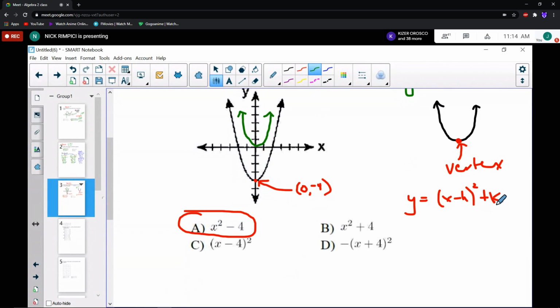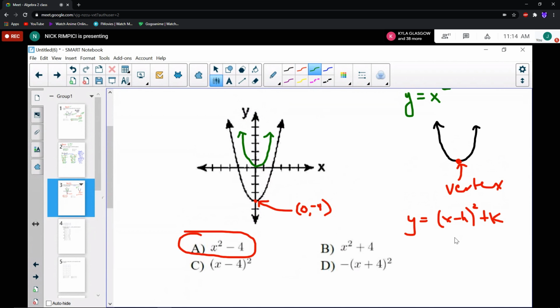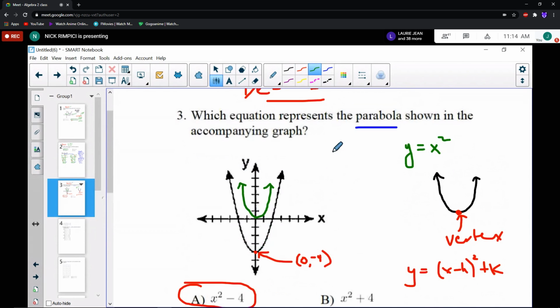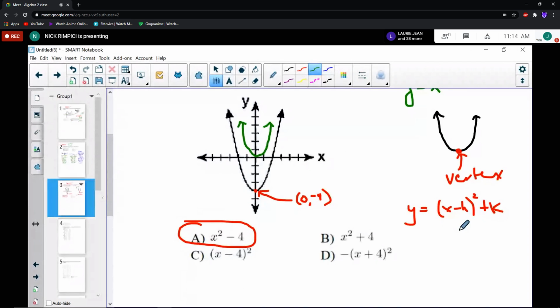Now, why is it answer choice A if you're doing it with the formula and not doing Desmos, which I don't recommend? I highly recommend you use Desmos. But if you want to use the equation, we know that H is the horizontal change. It's the horizontal shifting. And K is the vertical.